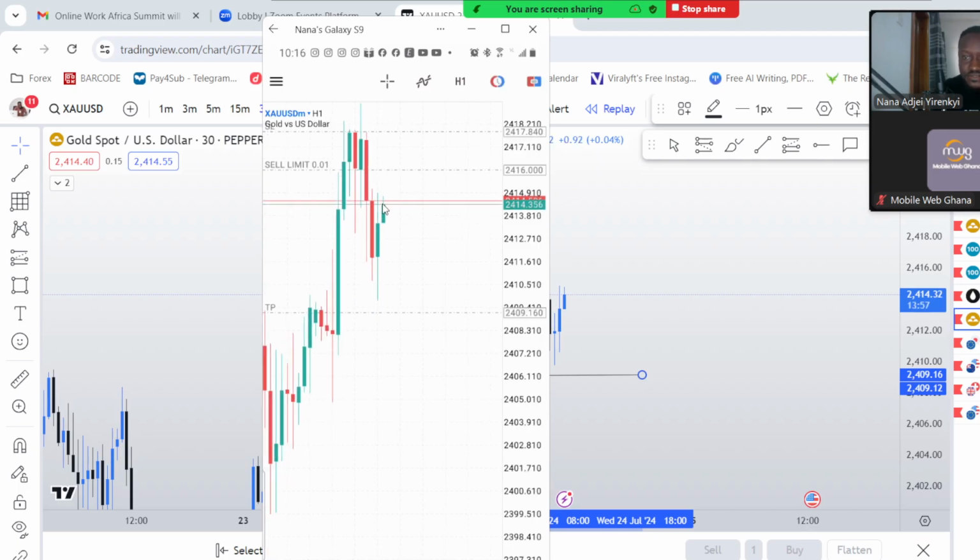So price has to come all the way and tap into our pending order, or the price point that we've actually set, before it will start executing our trade for us. And this is our stop loss level. So in case price gets here and then it doesn't sell and then it continues buying, then it means that at that instant we'll be losing money, because we've executed a sell position around this area.